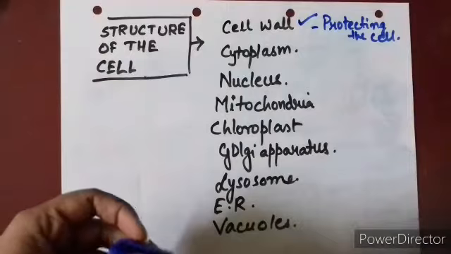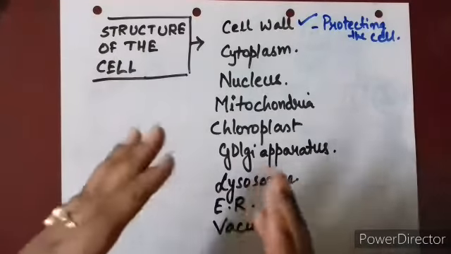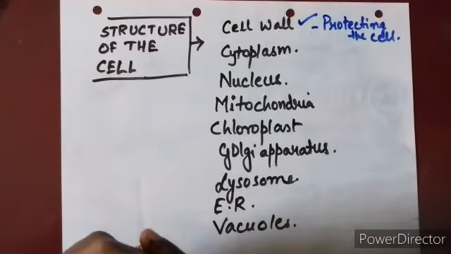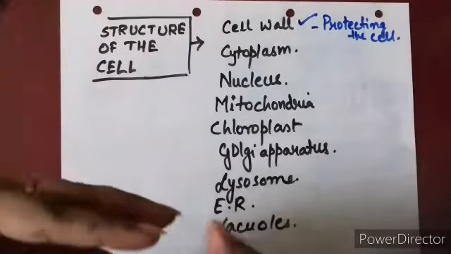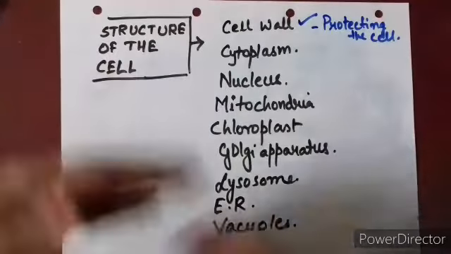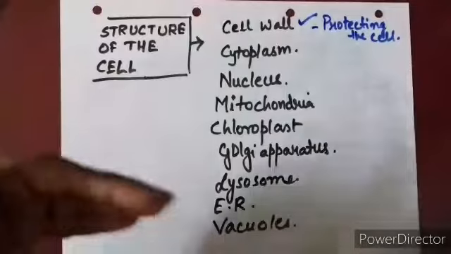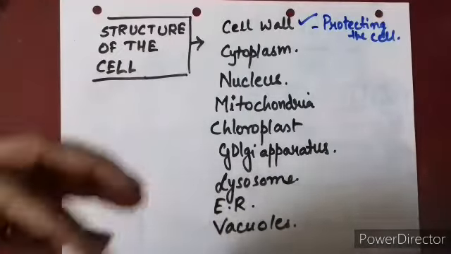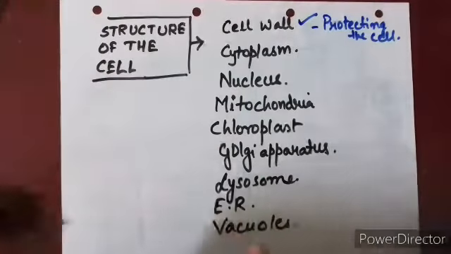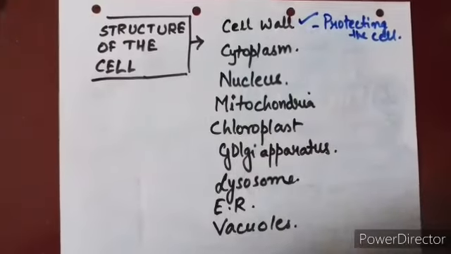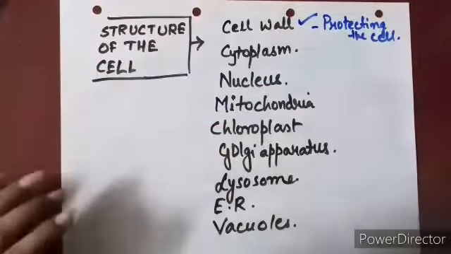The cell membrane is a selectively permeable membrane. It doesn't allow all the minerals or all the cations and anions to move across. It is very selective in nature and allows only certain things to pass through it.